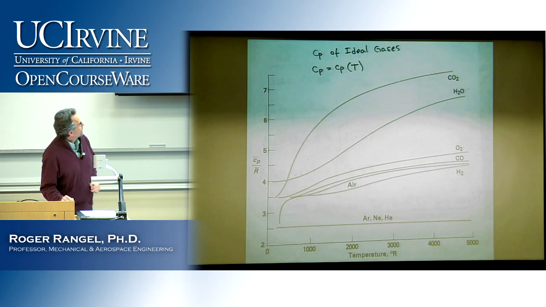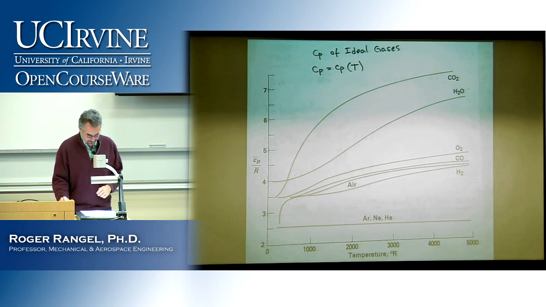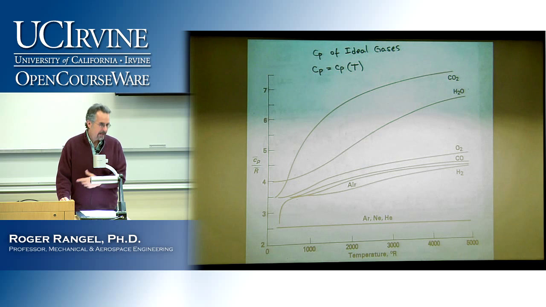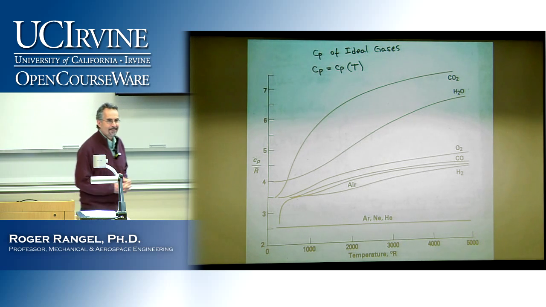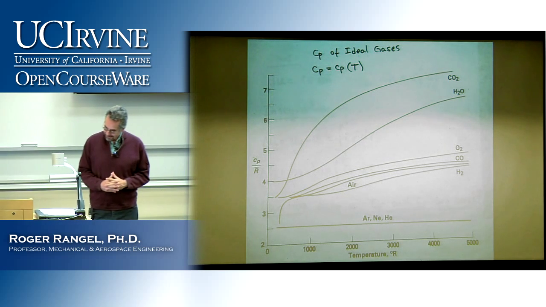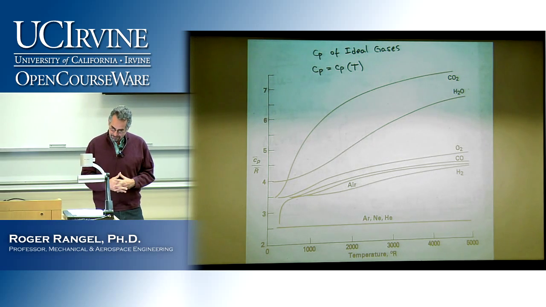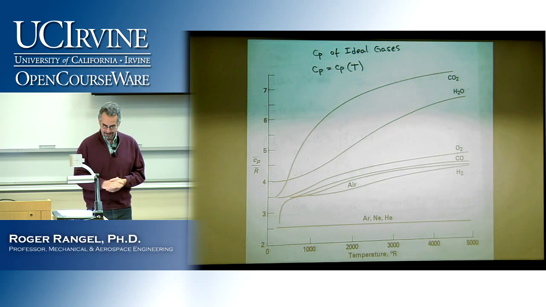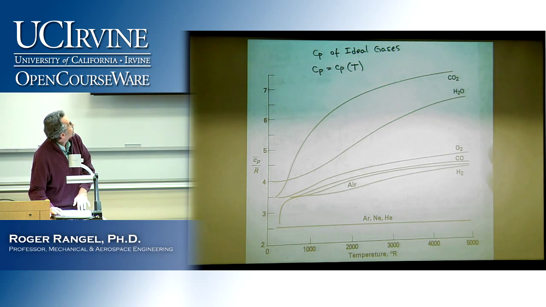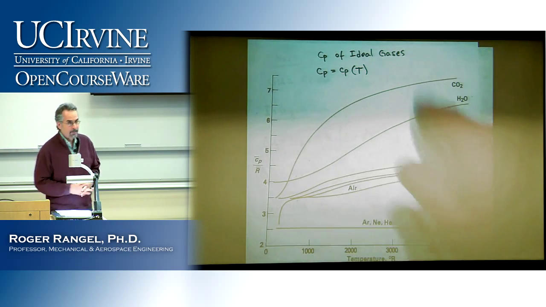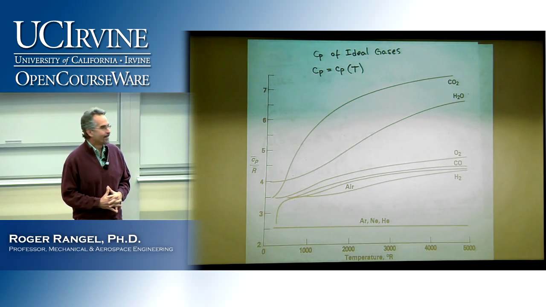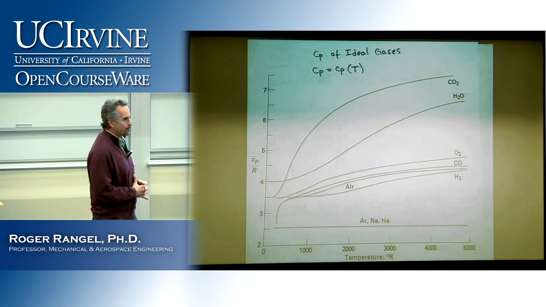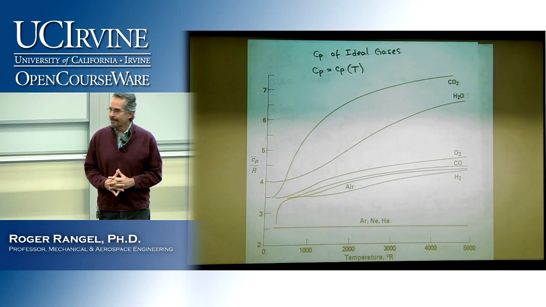All right, so what is the answer to the question? Can we assume Cp is a constant in this case? These are all ideal gases. This is all representative of ideal gases. But for argon, neon, and helium, what do they have in common?